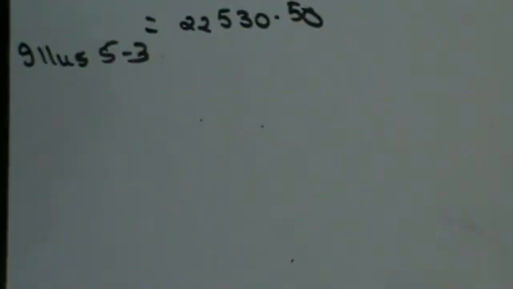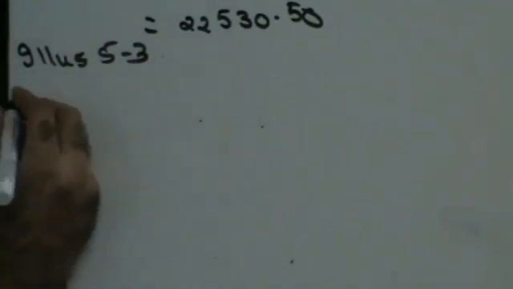If the interest rate is 10%, they've given you that the interest rate is 10%. In that case, what are the doubling periods of the investment at this rate?